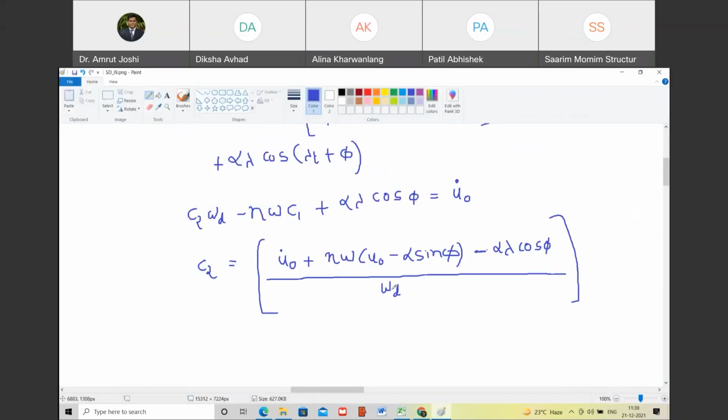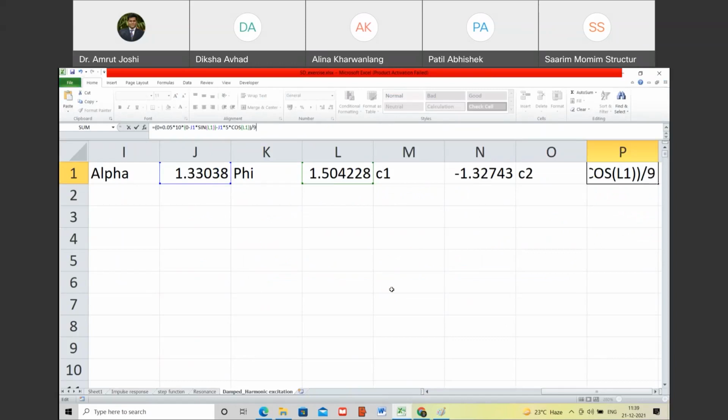So what is the value of omega d? 9.9. This is the first bracket. Then this bracket is for the multiplication. This is complete. So the second term's bracket is complete. Then the cos bracket. Then this bracket is complete. Correct. Divided by 9.9. So this is the value of C2.